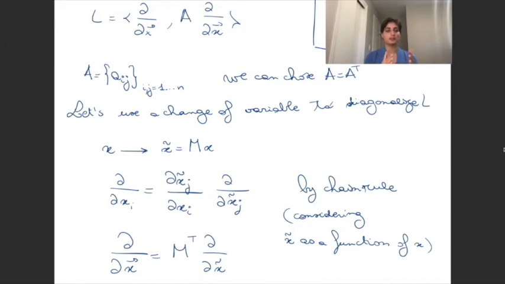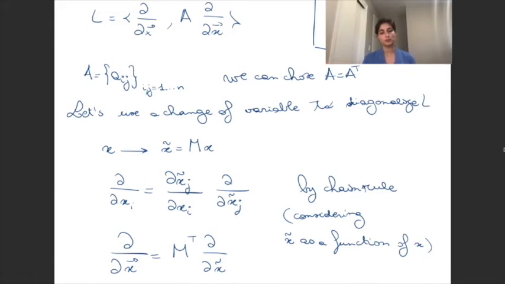So we can represent this matrix A as the representation of our a_ij's, and we can always choose this matrix to be symmetric. So we can use a change of variables to diagonalize L by going from x to x tilde equals m times x.